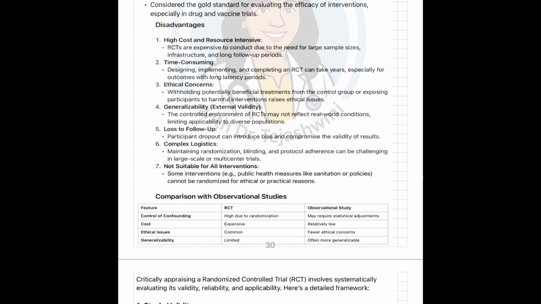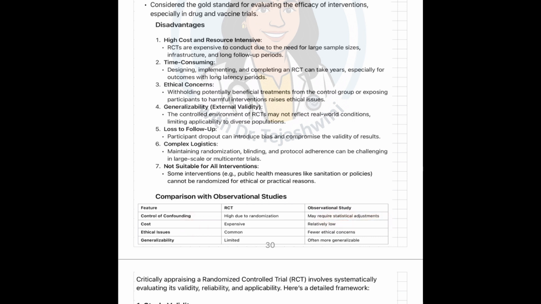Comparison with observational studies. When comparing RCTs to observational studies, there are key differences. Control of confounding. RCTs control for confounding by randomization, whereas observational studies often require statistical adjustments to account for confounders. Cost.